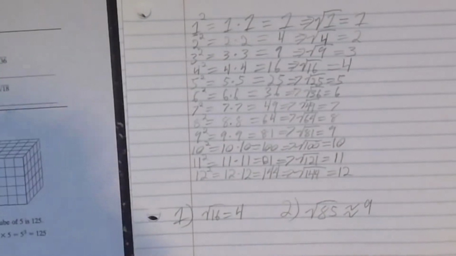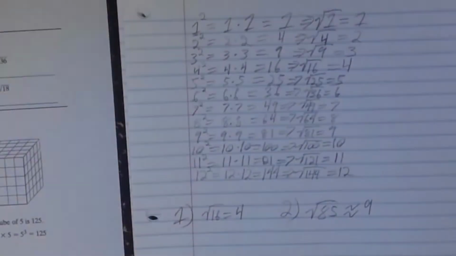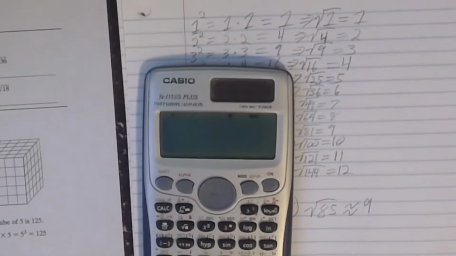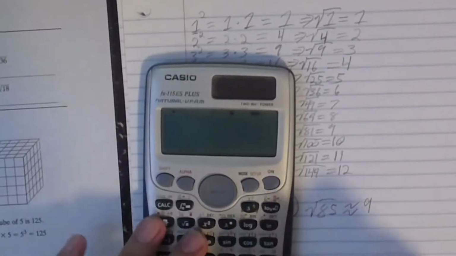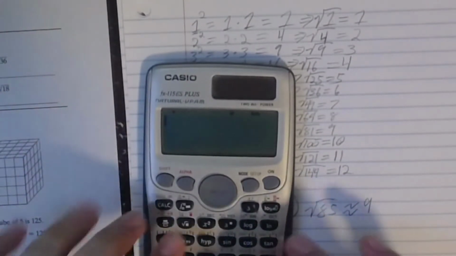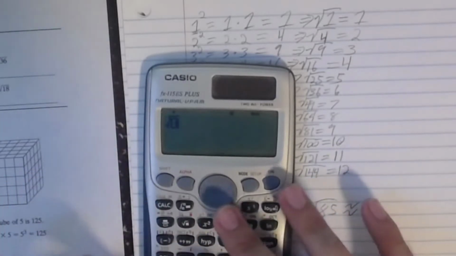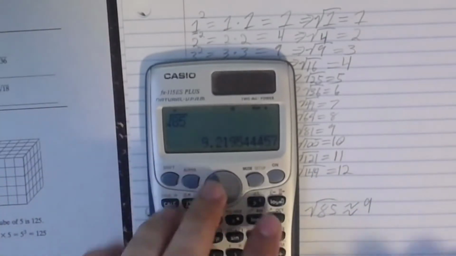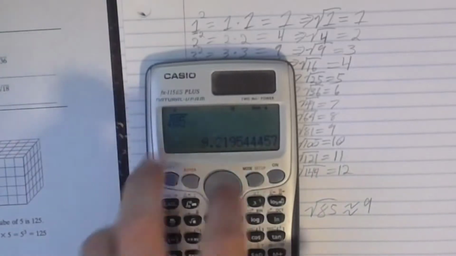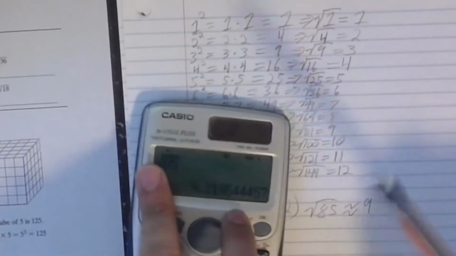Now I'm going to get my calculator and show you. It's going to be very close to 9, probably like 9.1 or 2 or something like that. Let's see, square root of 85. It is 9.2. That's okay. It's very close. But we're rounding to the nearest integer.